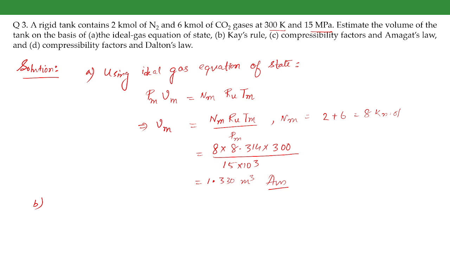That is, if we take the product of the mole fraction of each individual component and its individual critical temperature, and we sum up all these values for the mixture, then we'll get the critical temperature.